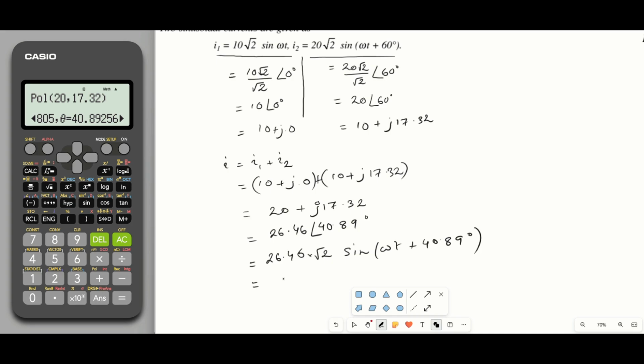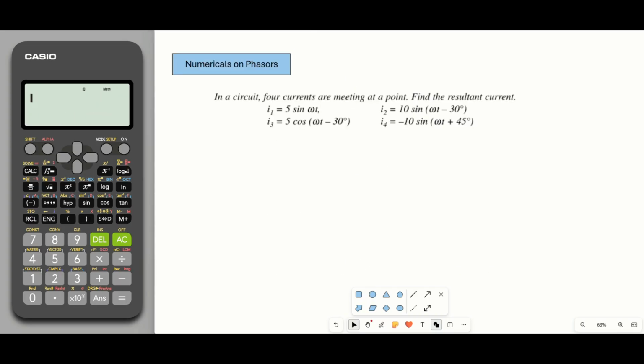So the answer is 37.42 sine of omega t plus 40.89. I hope you have understood how to solve this. Now let us go for another numerical.